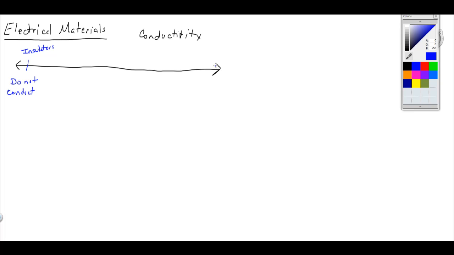At the high end, these conduct electricity perfectly, and we'll call these superconductors. So we have insulators down at the low end, which do not conduct electricity, and superconductors at the high end, which conduct electricity perfectly.